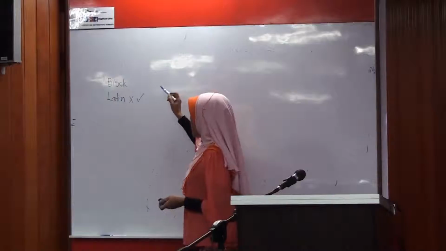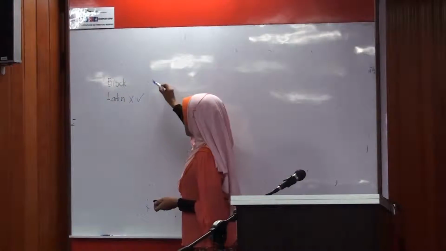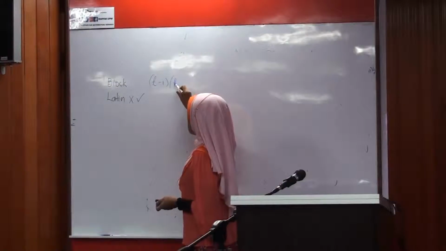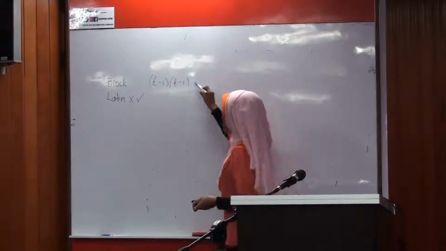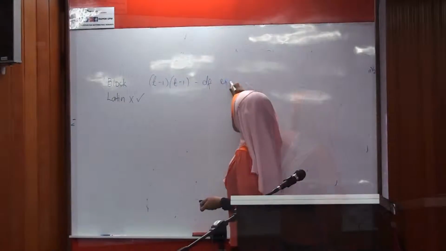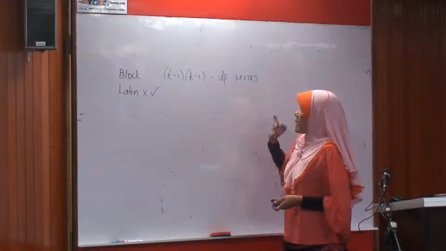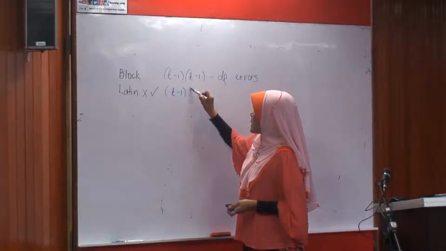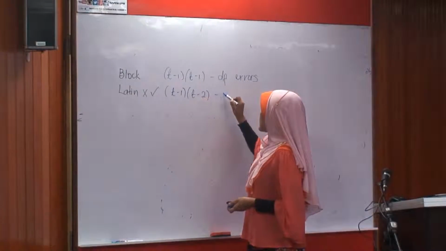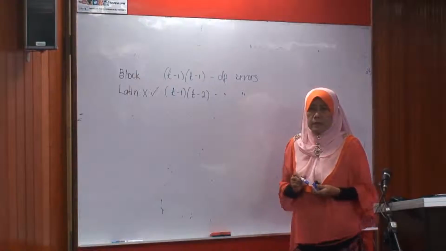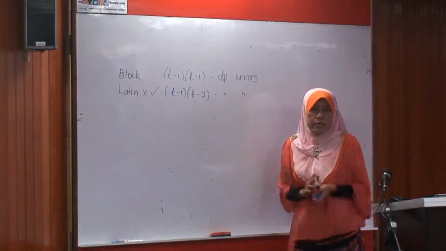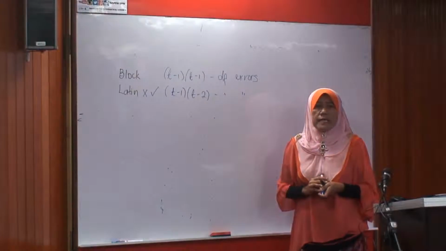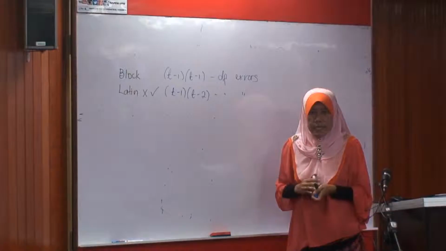We know that the degrees of freedom of the error for the block is t minus 1, t minus 1. And for Latin square, the degrees of freedom of the error is t minus 1, t minus 2. Now, please note, a test is more efficient if it has more degrees of freedom of the error.